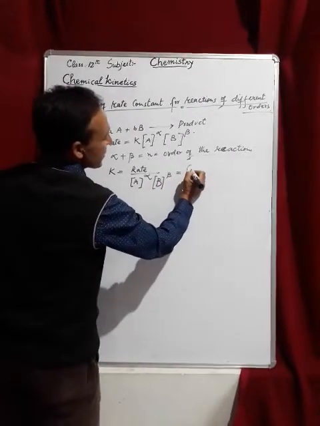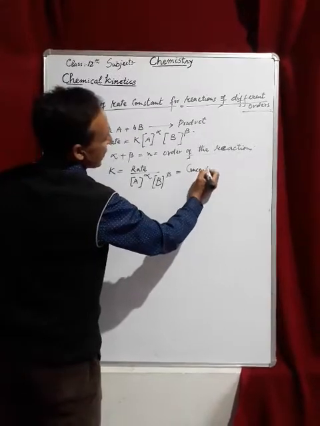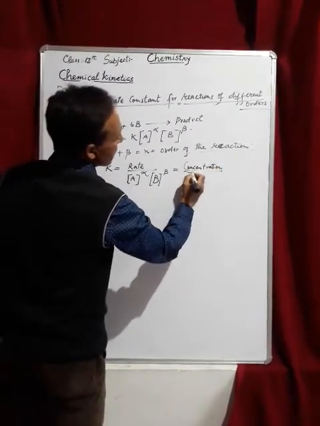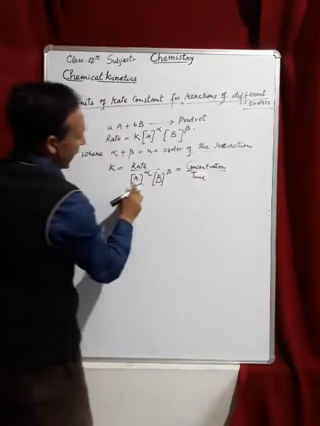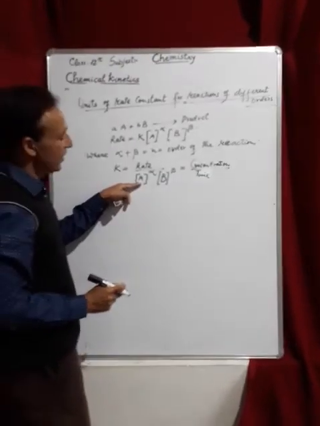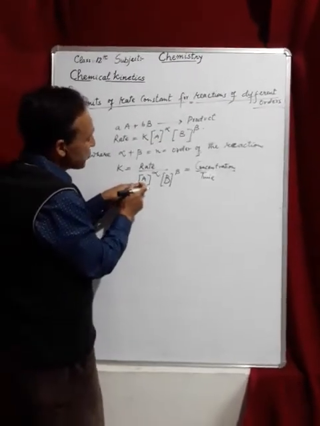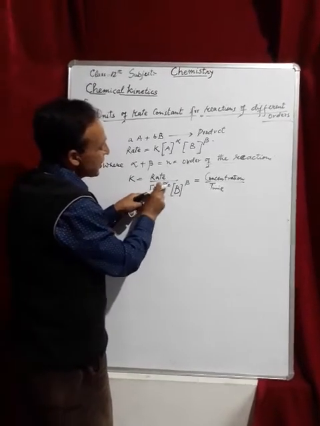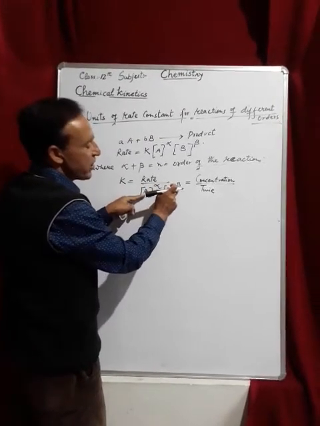The concentration divided by time, and A is molar concentration. So we can write this molar concentration, this too is molar concentration. So molar concentration raised to power alpha, molar concentration raised to power beta.